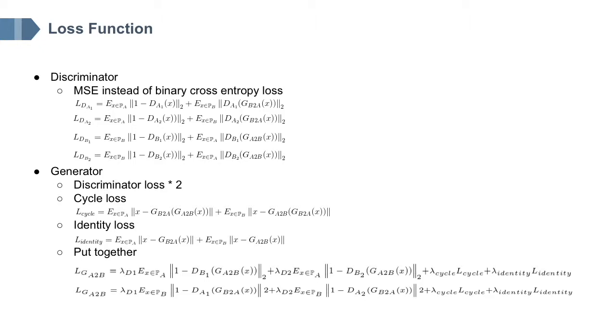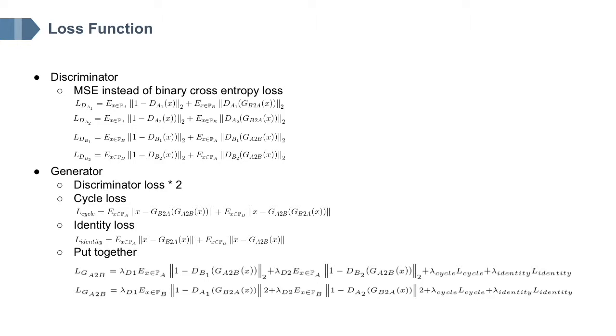However, the original writers of the CycleGAN paper proposed that using a simple mean square loss instead of the binary cross-entropy loss would perform better for the model. Therefore, we will adopt the findings of the writers. And the 4 discriminators are going to be trained separately using their separate loss functions.